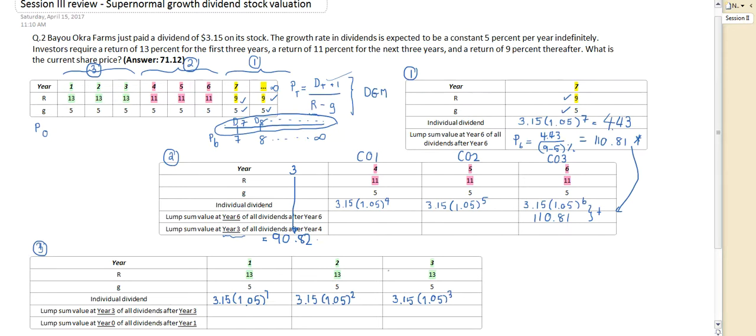And again, if you somehow decide to sell this stock at the end of year 3, this will be the price that you can get. So you have to include this as part of your estimation as well. Okay, so this will go right here. So you put all this cash flow in your financial calculator.